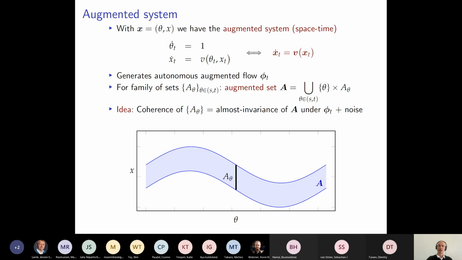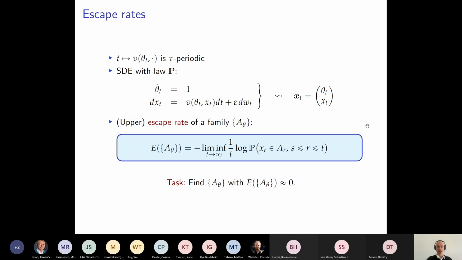And our idea will be to connect coherence to almost invariance, to exploit the equivalence that if I have a family of sets which is coherent, then it should be the same, in a sense, by the considerations which I was showing at the very top of this slide. It's the same as saying that under a slightly perturbed noisy flow, but augmented flow, the augmented set, this augmented sausage, is now almost invariant. So this is the agenda that I'm going to follow, and now I will try to formalize this.